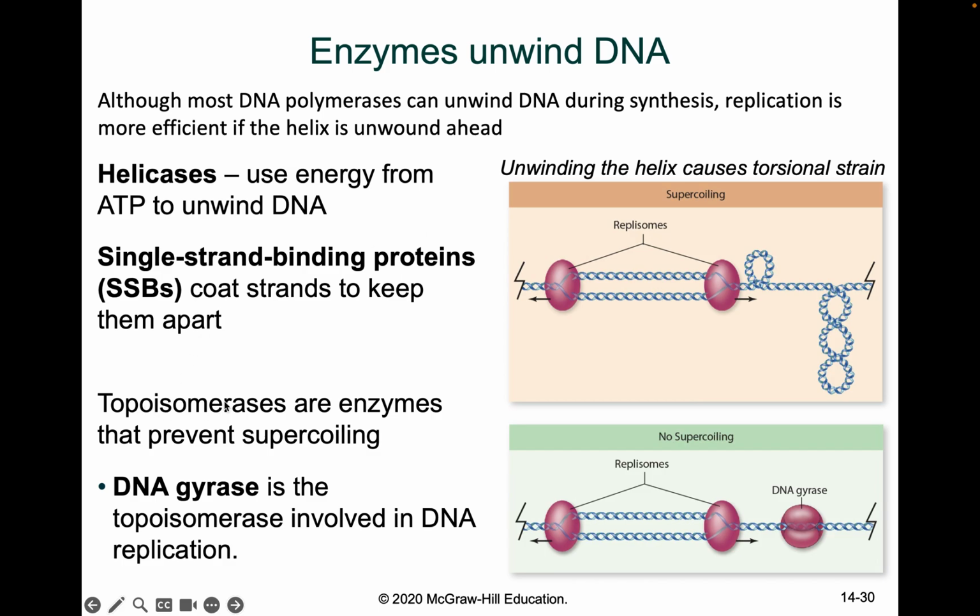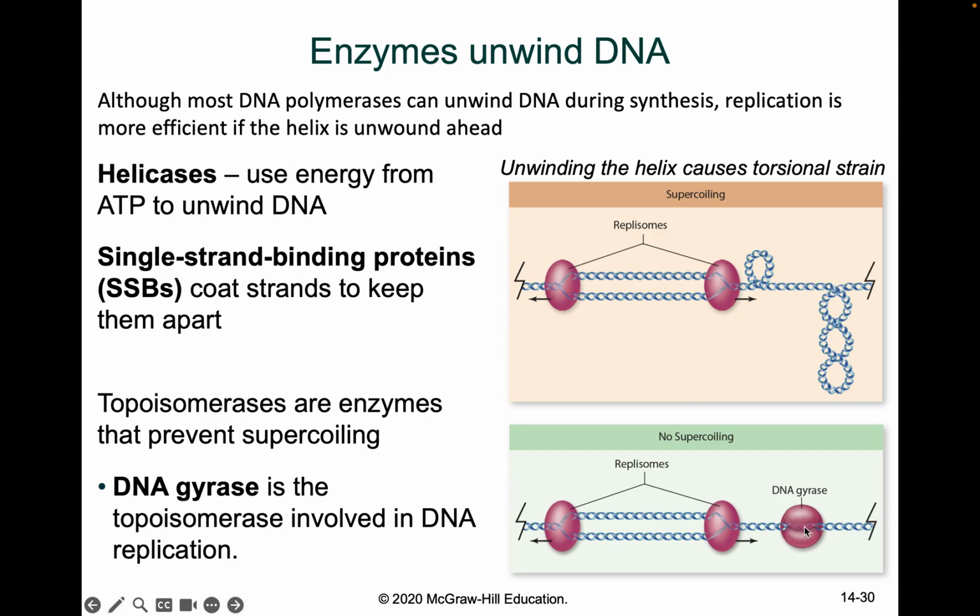So what you're going to use is topoisomerases. These are enzymes that prevent this supercoiling, and in DNA replication, it's called DNA gyrase. You can see here that without DNA gyrase, you're getting really big supercoiling because of the helicase that's unwinding, creating this topoisomeric pressure.